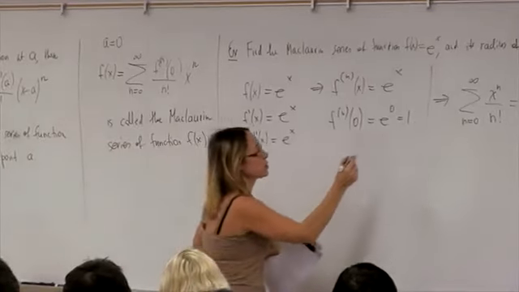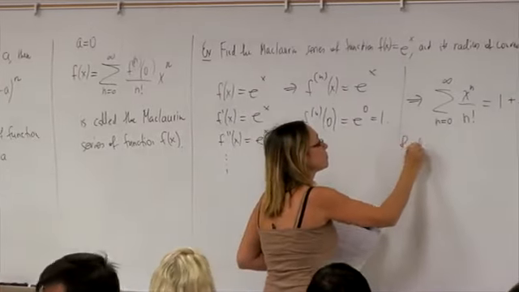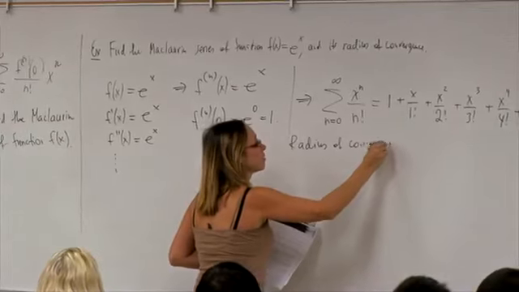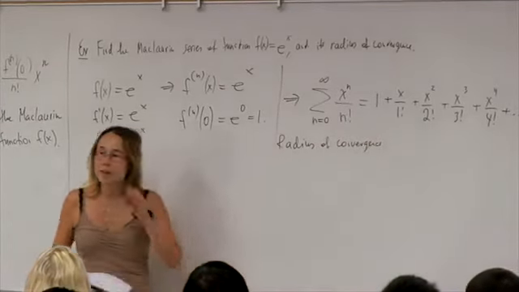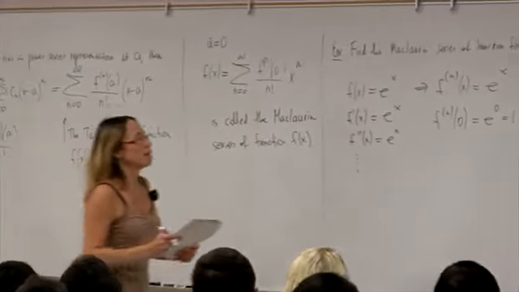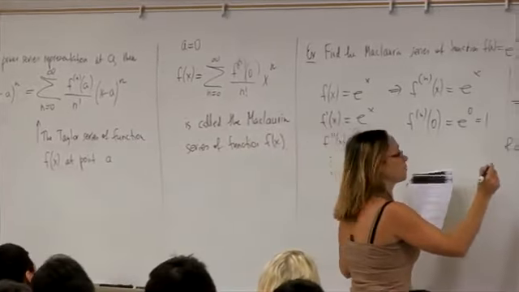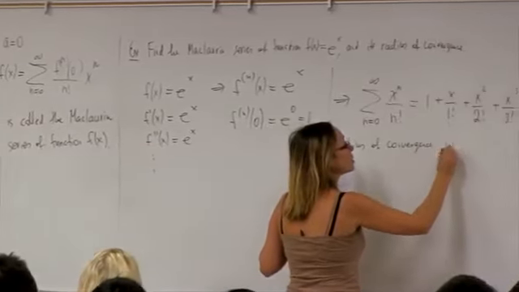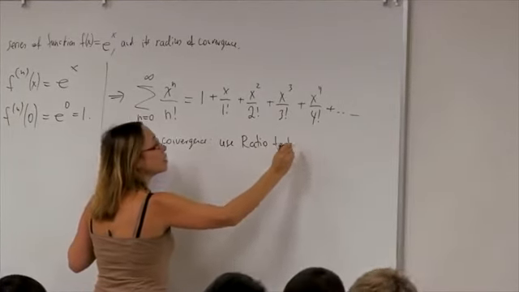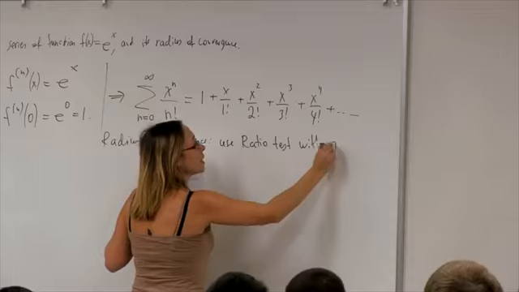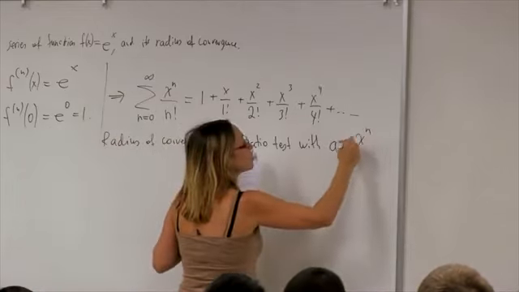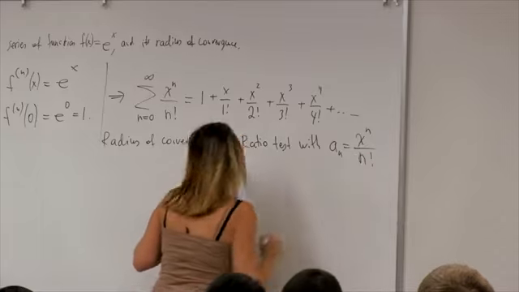Find the radius of convergence. We always use the same method to find the radius of convergence. We look at the ratio test. Okay. So what is an? Use ratio test with an. What's my general term? An is equal to x to the n over n factorial.